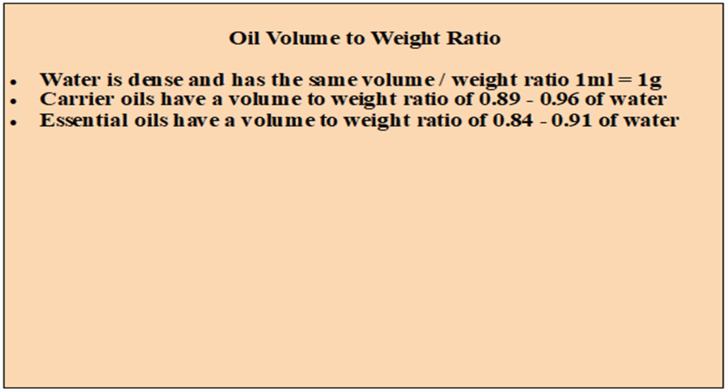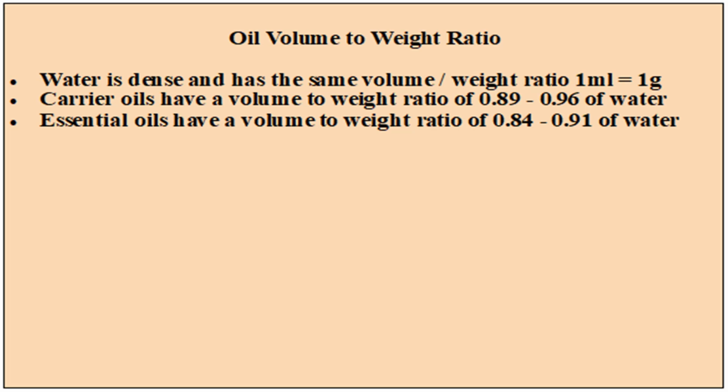So most carrier oils have a density between 0.89 and 0.96. So that's the ratio of, when you look at water, how it's 1 mil to 1 gram. So basically, if you really want to break it down to a percentage, they have between 89% and 96% of the weight of water.